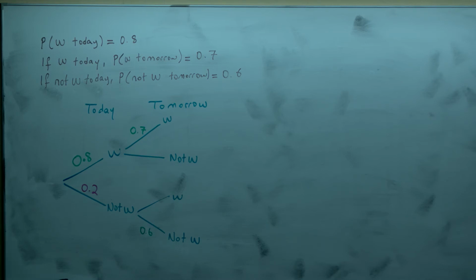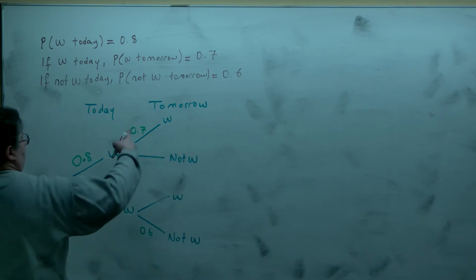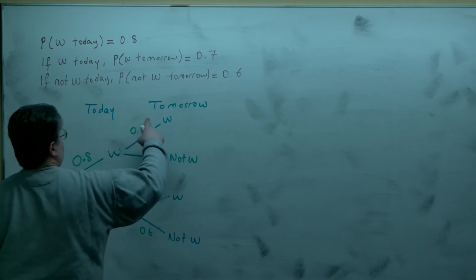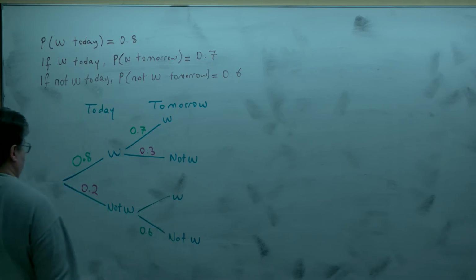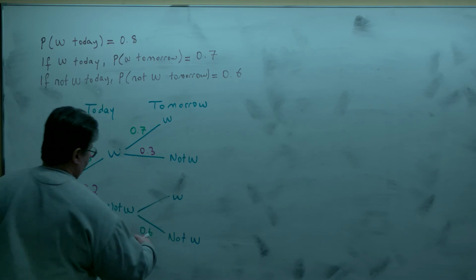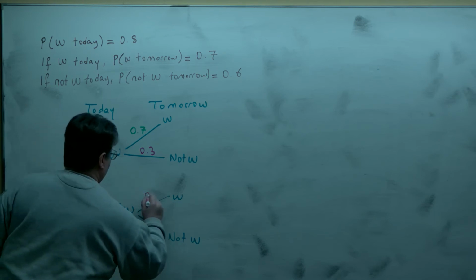If the probability of winds today is 80%, then probability of no winds today is 20%. And for tomorrow, if this one is 0.7, this one has to be 0.3. And then for tomorrow, if this one is 0.6, this one has to be 0.4.